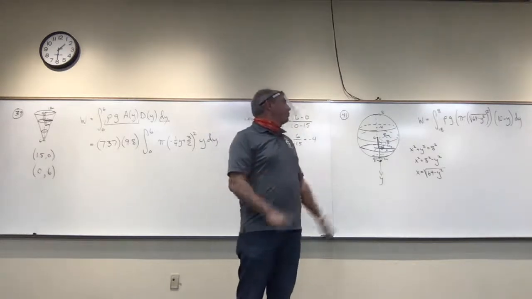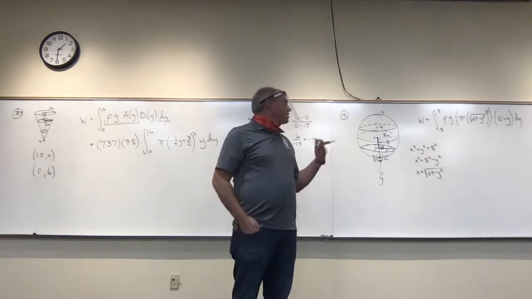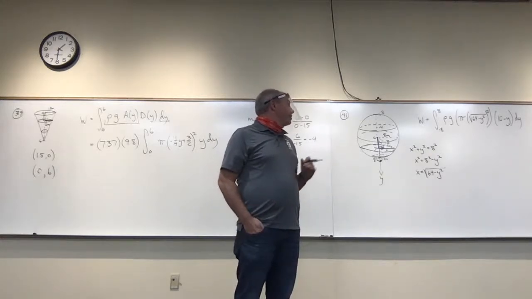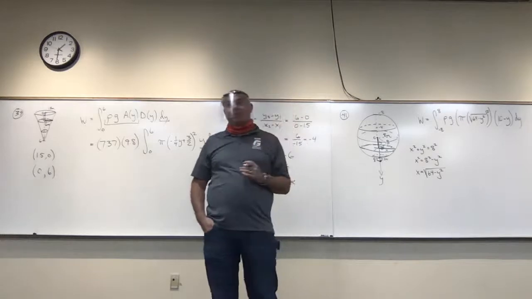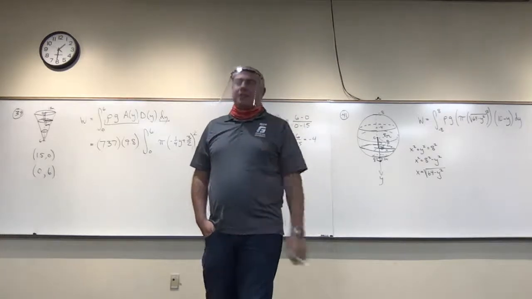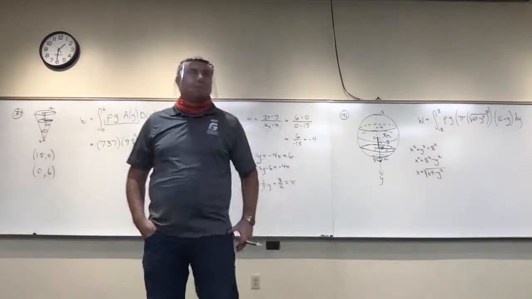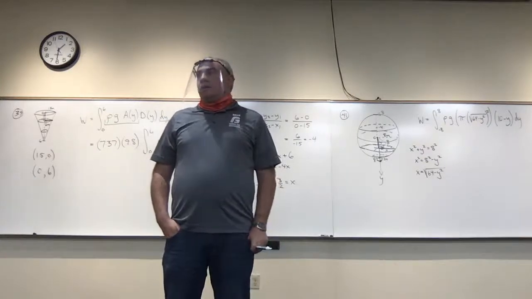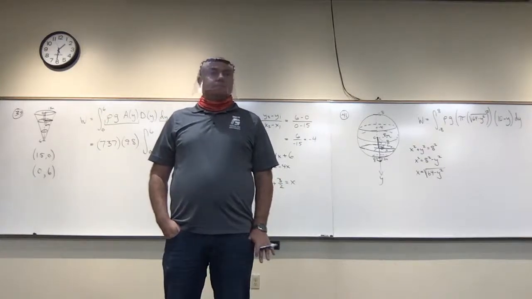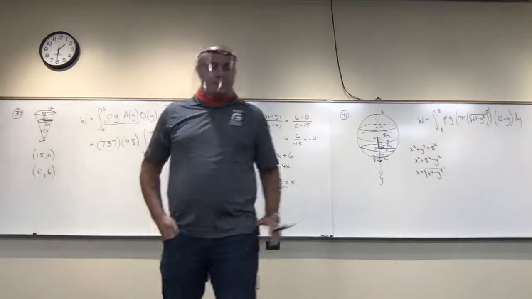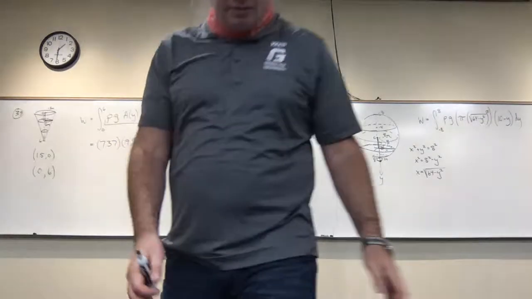I'm not working through these because in the grand scheme of things, these are much, much easier integrals than what we were doing before. I think you can make it through the integral. Anything else? Yes, sir. Maybe do number 45. 45.